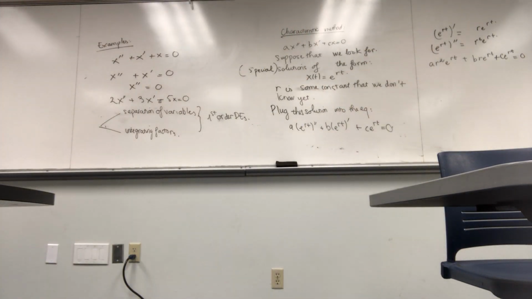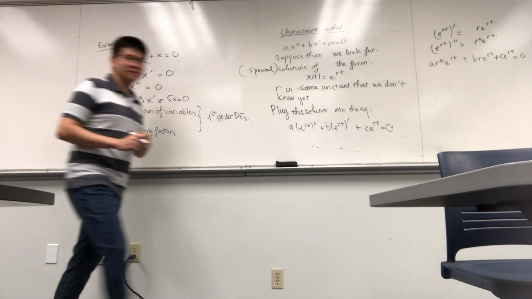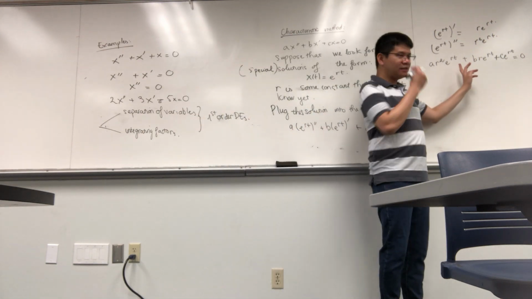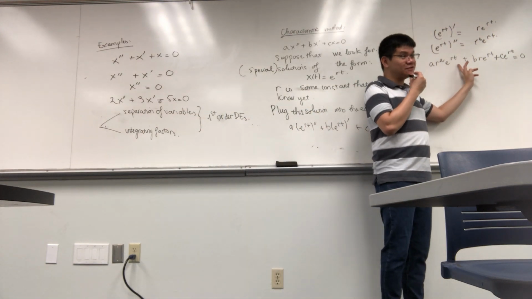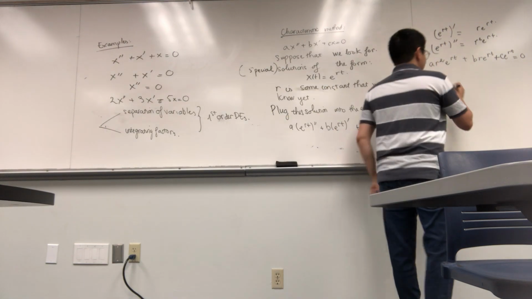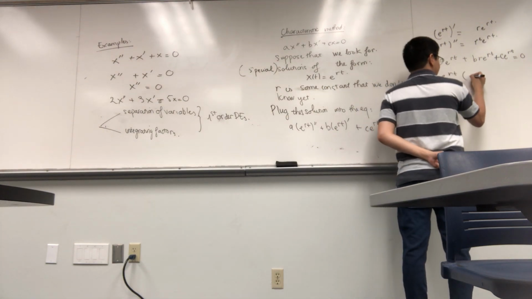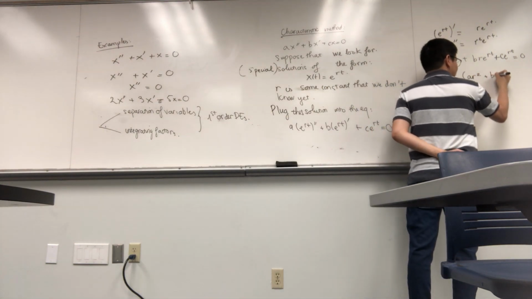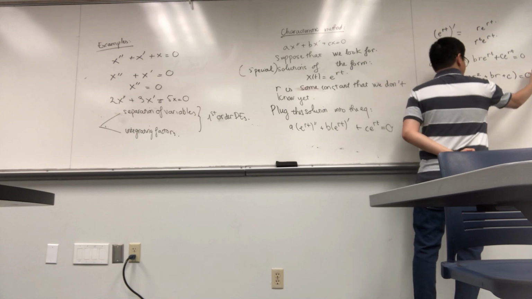What can I say about this equation? Yes? Could you divide out e to the rt, as each term on the left has it, so you get a r squared plus b r plus c equals 0? So here you see that there's a common factor, e to the rt. So we have e to the rt times (a r squared plus b r plus c) equals 0.